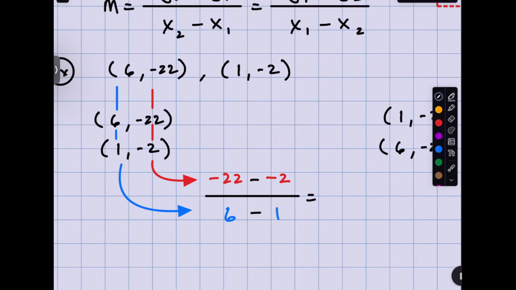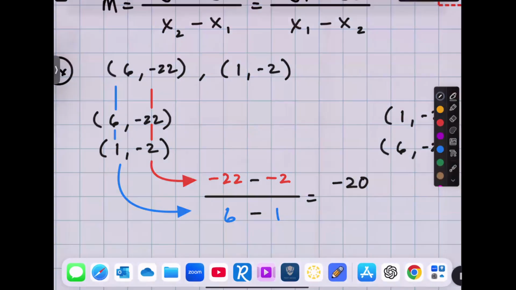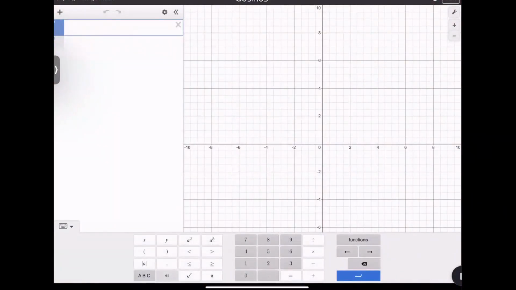There's a lot of numbers going on there. I think I heard negative 20. Try it on your calculator. Let's try. Negative 22 minus a negative 2. Because minus the negative also means add the positive, or add the inverse.